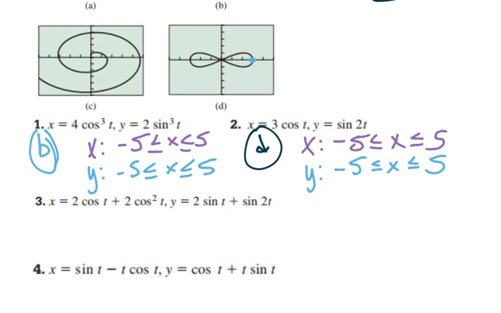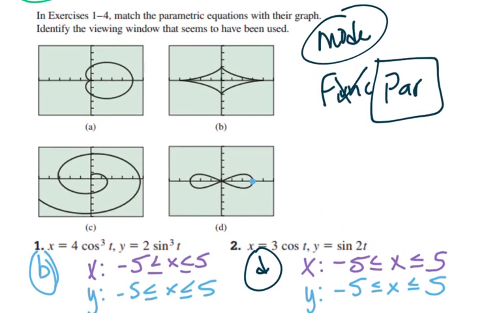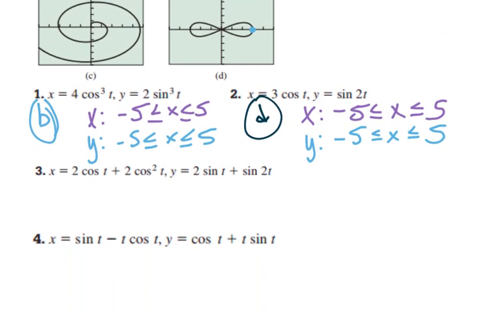Alright, and then the other one is 2 sine t, and then plus sine of 2t. Alright, so I ended up keeping the -5 to 5 grid, and it turns out that's what this is as well.